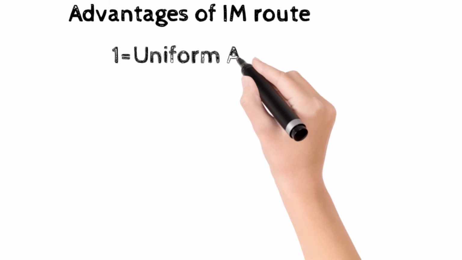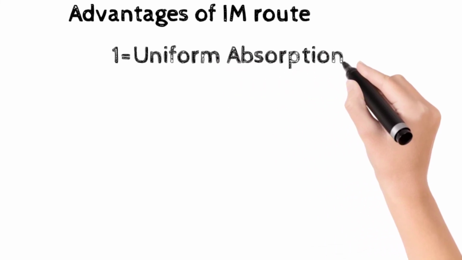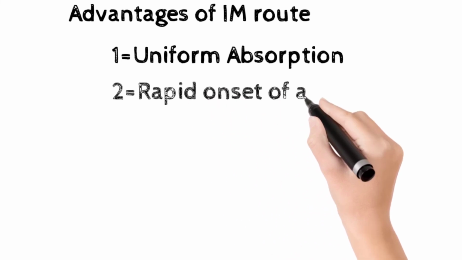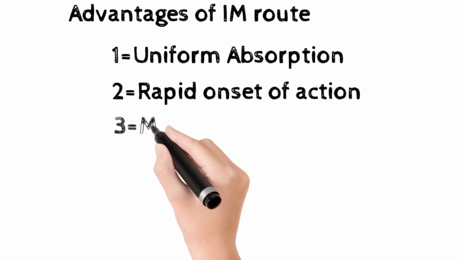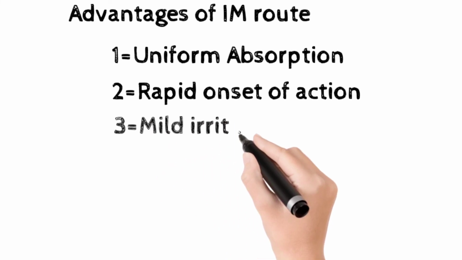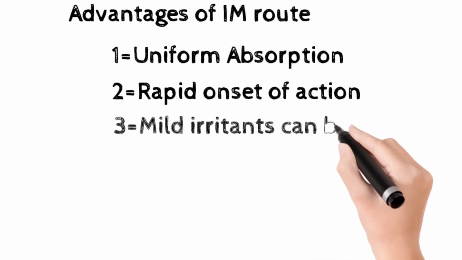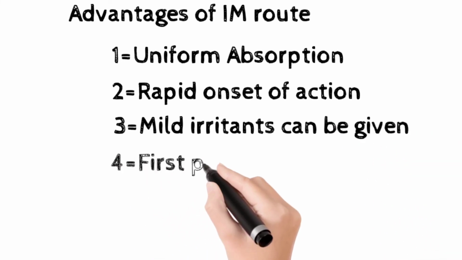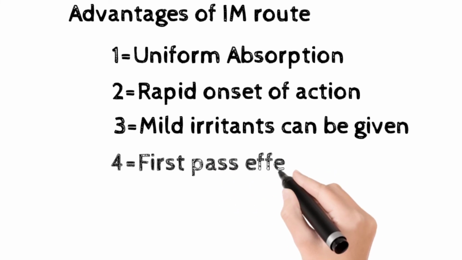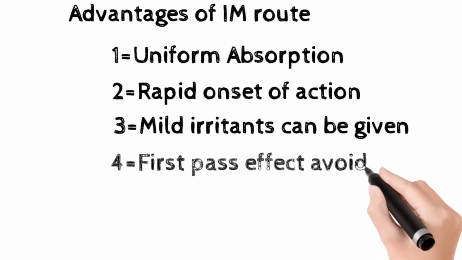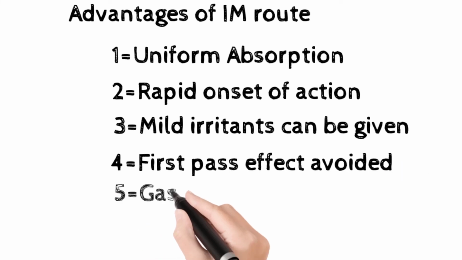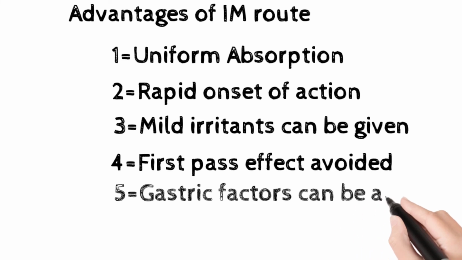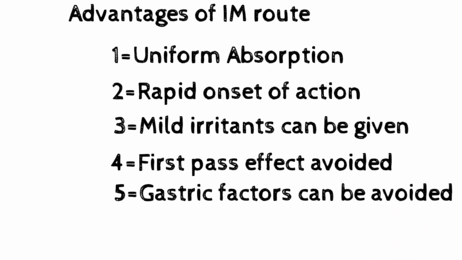The first advantage is uniform absorption of the drug through the IM route. Second is rapid onset of action. The third is that mild irritants can be given through the IM route. Fourth advantage is that the first pass effect is avoided. And number 5 is that gastric factors can be avoided. These are the advantages of the IM route.